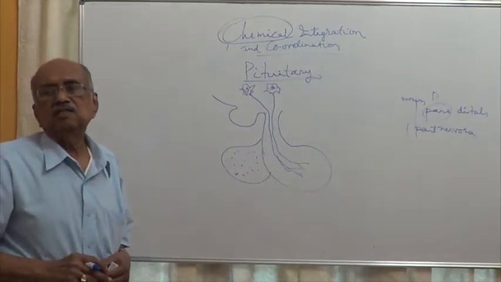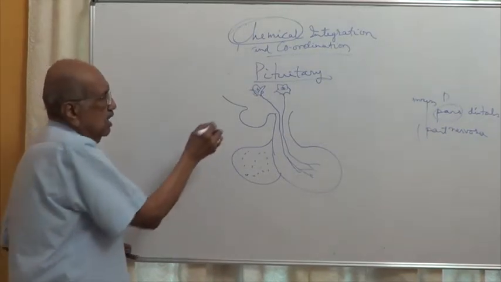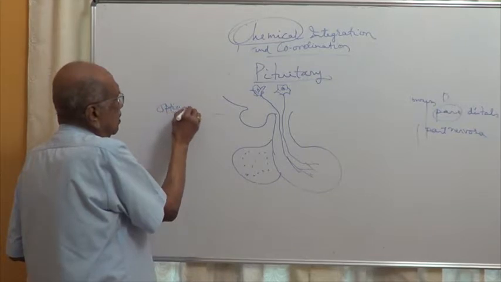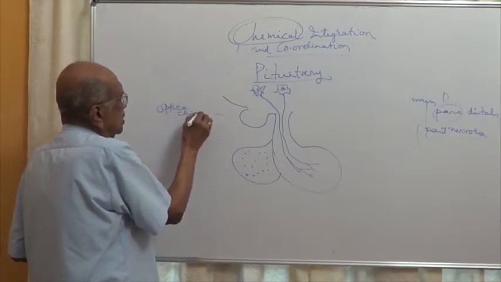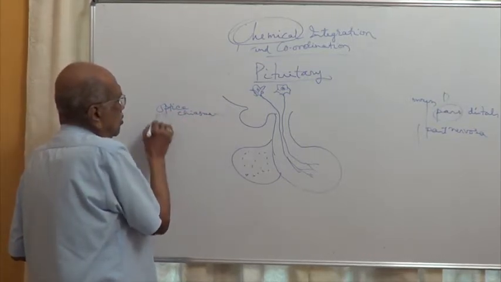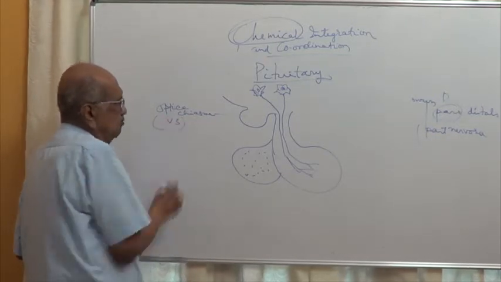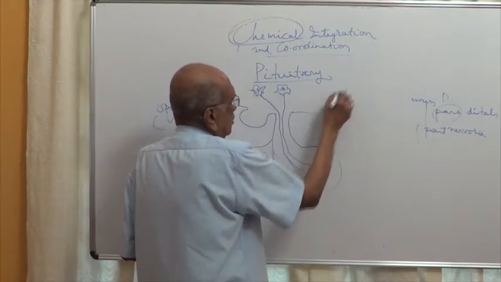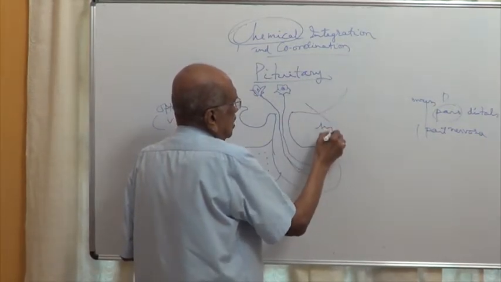Pituitary lies just behind the optic chiasma. Optic chiasma, this is in a sagittal section, or VS, vertical section. This part is the hypothalamus.